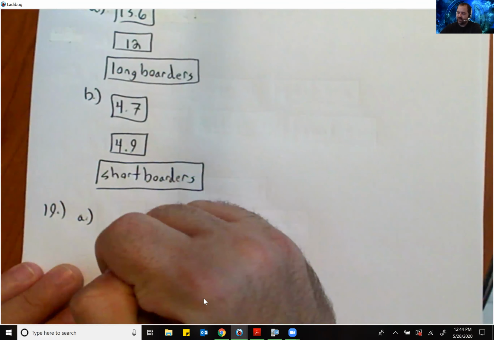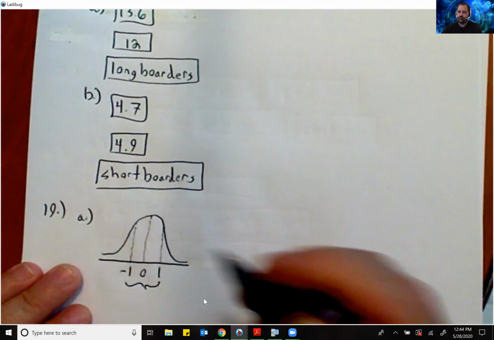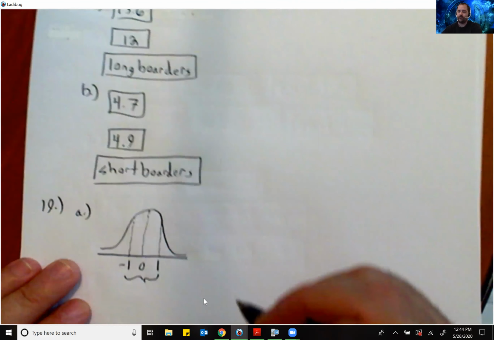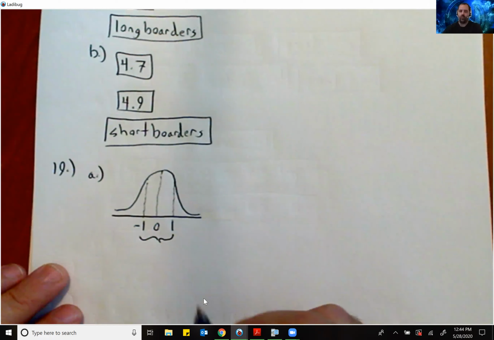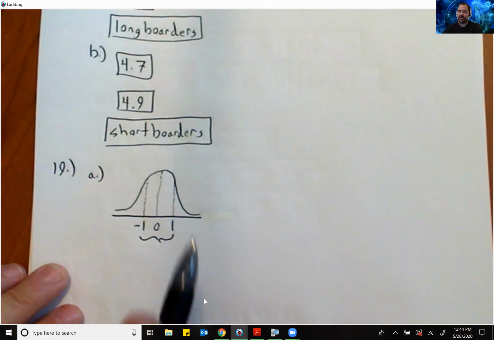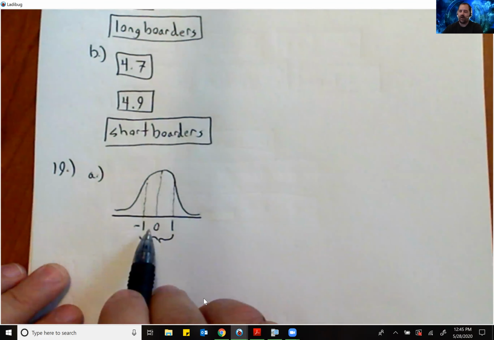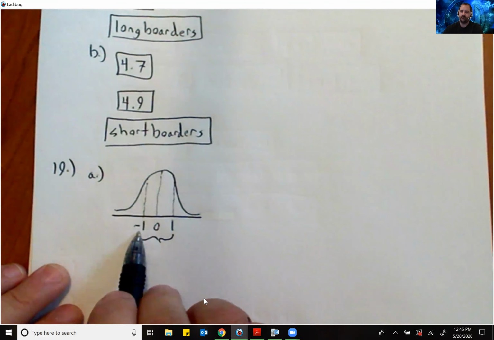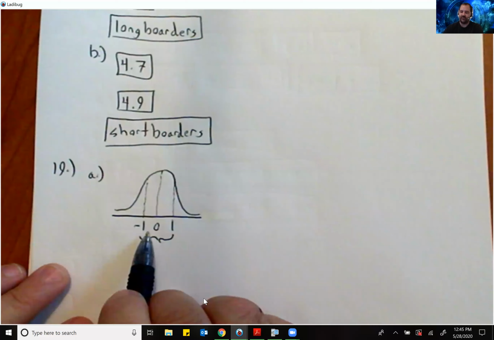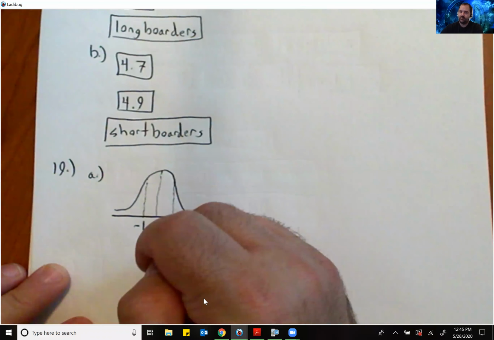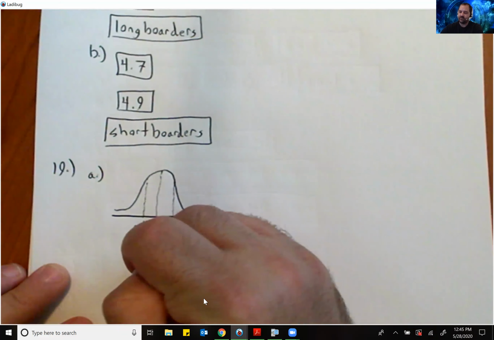And how much was in here? Yes. And it doesn't matter what's going on in that picture. In general, the empirical rule says how much is between 1 standard deviation? 68%.